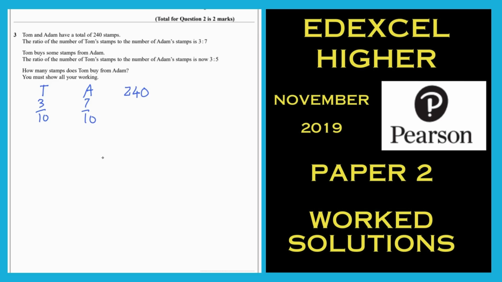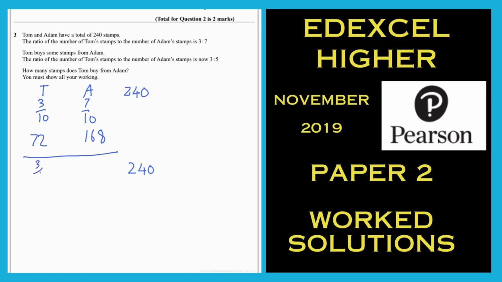240 times 3/10 means he gets 72, and he gets the rest, 168. We now move on. Tom and Adam buy some stamps off each other. In other words, there's still 240 available. The ratio is now 3 to 5.